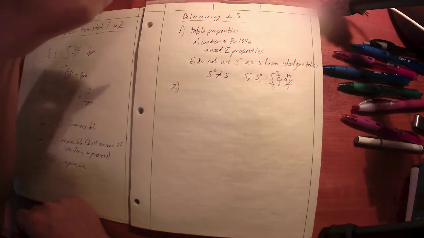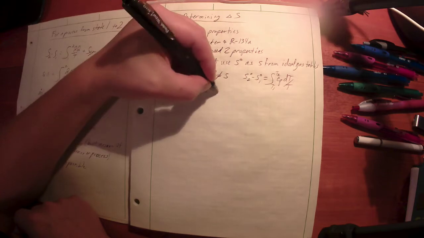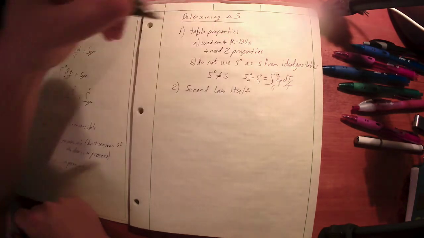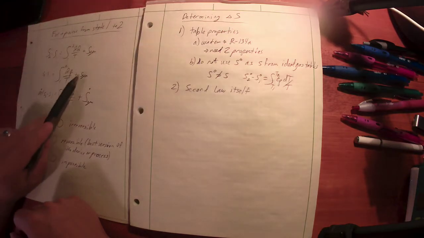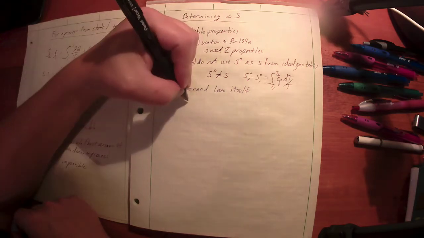The second thing we can do to determine delta S, we said, was the second law itself. All right? The second law itself will tell you the change in entropy if you can quantify the heat transfer as a function of temperature, and if you can quantify the entropy generated. Okay?